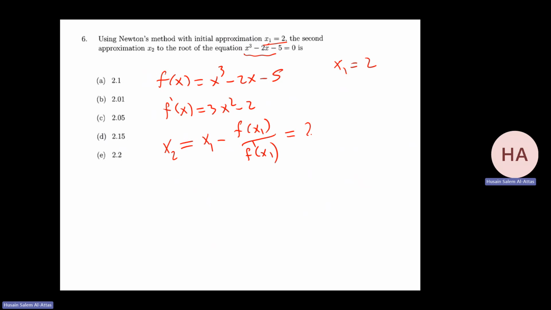What is x1? 2. What is f of x1? I have 8 minus 4 minus 5, 8 minus 9, that will be minus 1, over f prime at 2. I have 3 times 4, 12 minus 2, that will be over 10. So I have 2 plus 1 over 10, which is 2.1, since you wrote it as a digit.